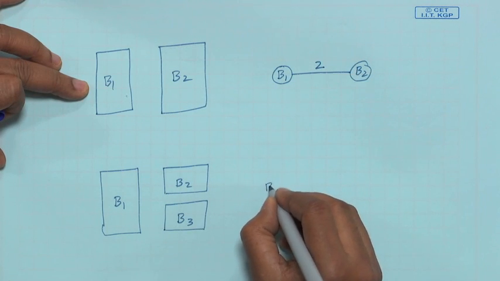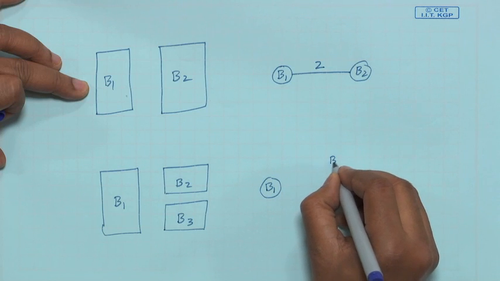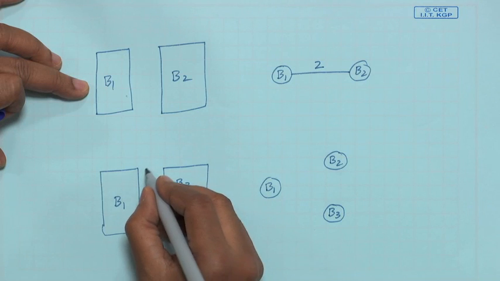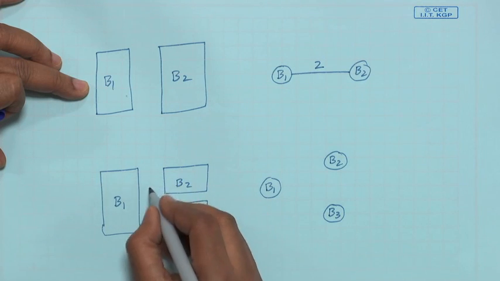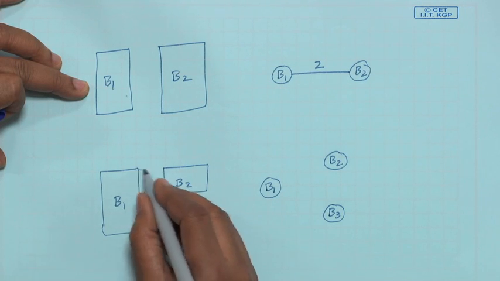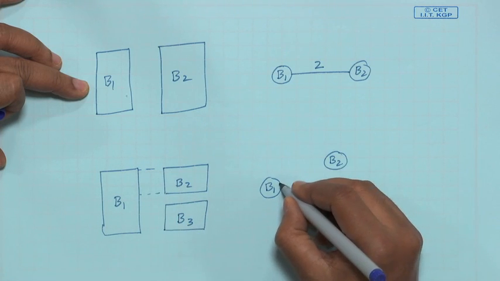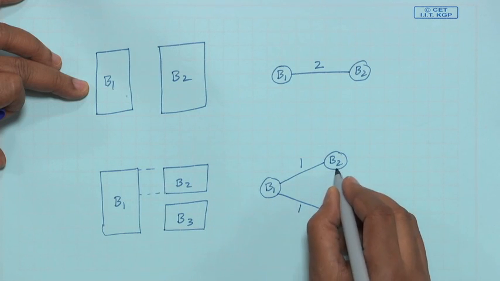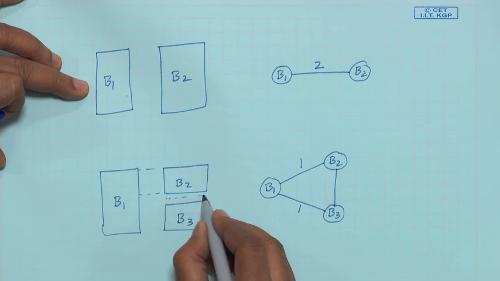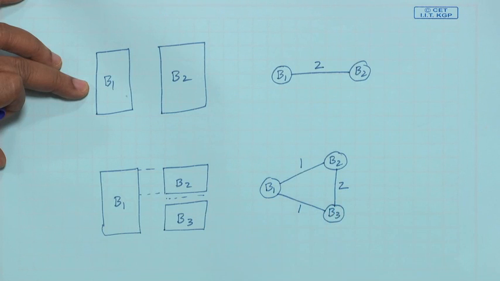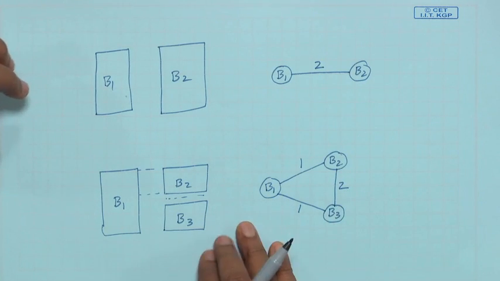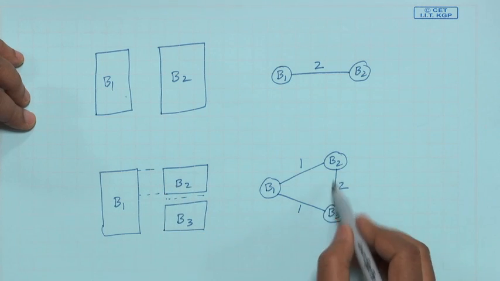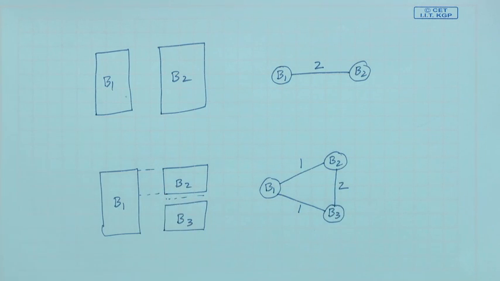But in this case, between B1 and B2 you see only half of it is available, the other half is shared with B3. So, I give a weight of 1, similarly between B1 and B3 I give a weight of 1, but between B2 and B3 the entire boundary is available. So, I give a weight of 2. So, weights can be assigned accordingly depending on whether the whole boundary between the blocks is available for routing or it is only partially available, right.